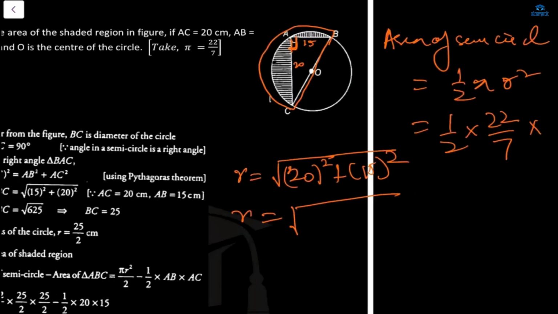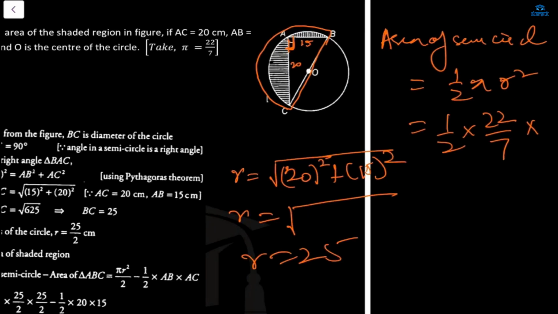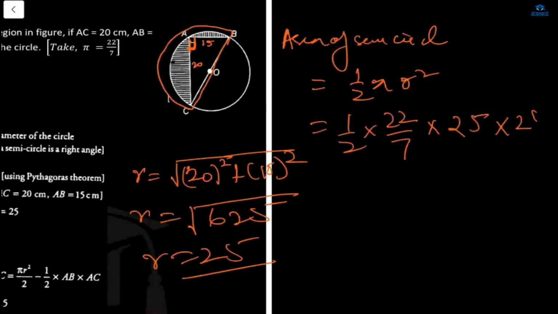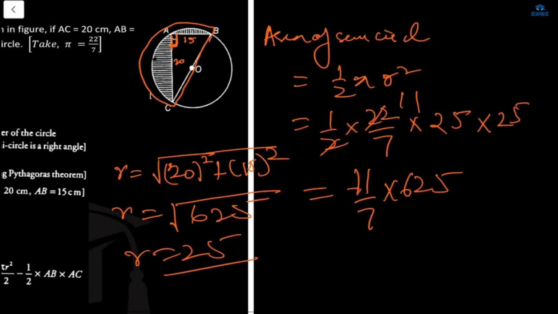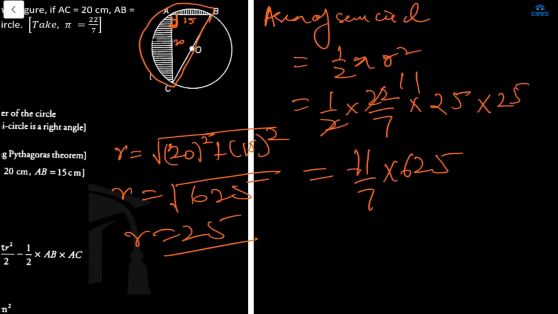R will be equal to 25, since it is 625 and we'll take the positive value. This is your area of the semicircle. Now we need to find the area of the triangle.